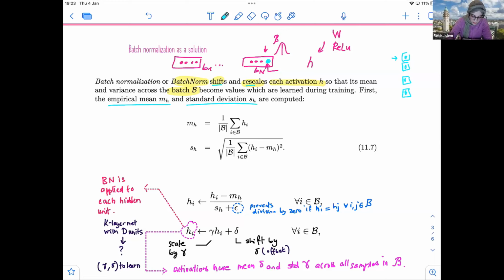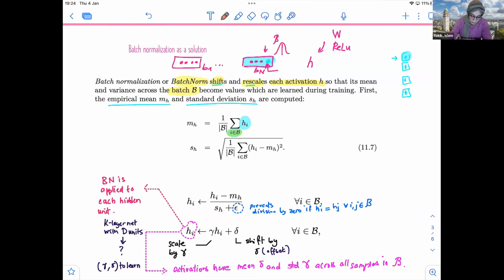Okay, so for the empirical mean, we take all elements in the batch of the current layer, and we calculate the mean of HI over all elements I in the current batch. So we calculate the mean and the variance of this particular unit.